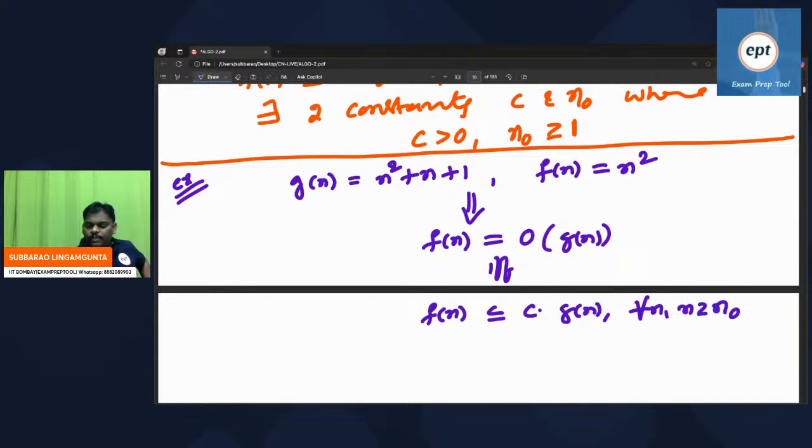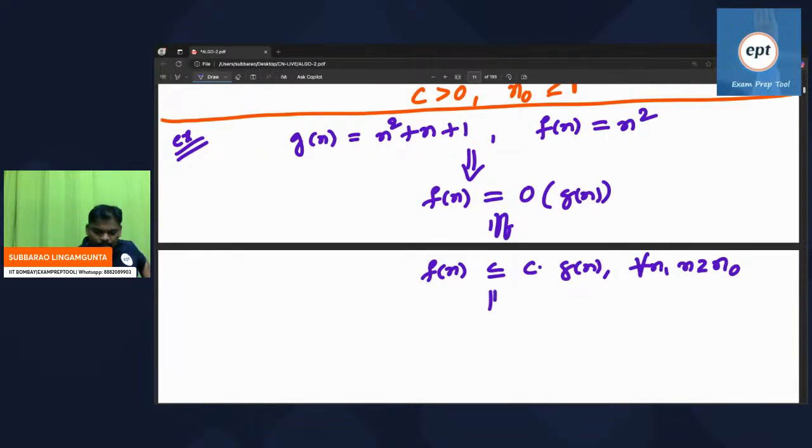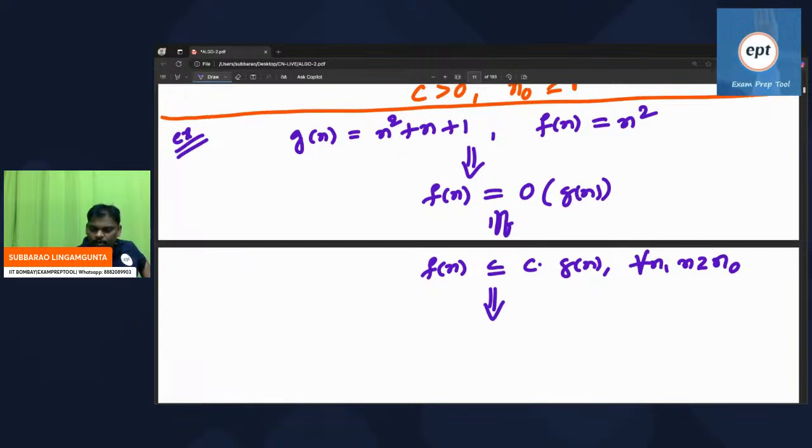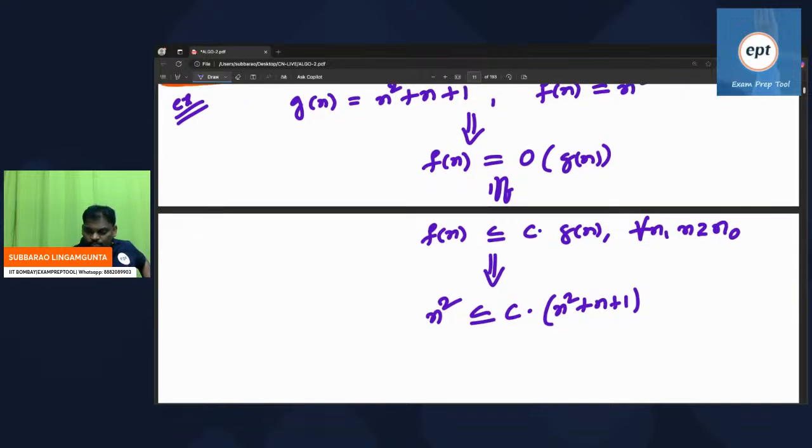Let me try whether it is satisfying or not. f of n is n square, less than or equal to some c times g of n, which is n square plus n plus 1. If you observe left and right, the right should be greater. Big O notation says that the right should be greater.